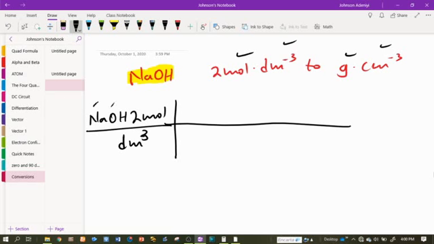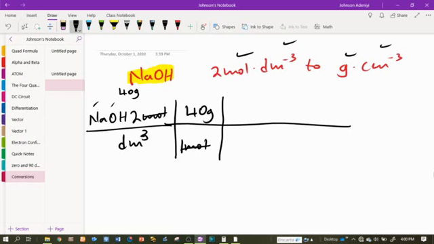So that's going to be 39, plus 1, that is 40. So this is 40 gram. So we are going to write 1 mole is equal to 40 gram. So you draw a line so that this mole will cancel the mole. Then we go to the dm cube.